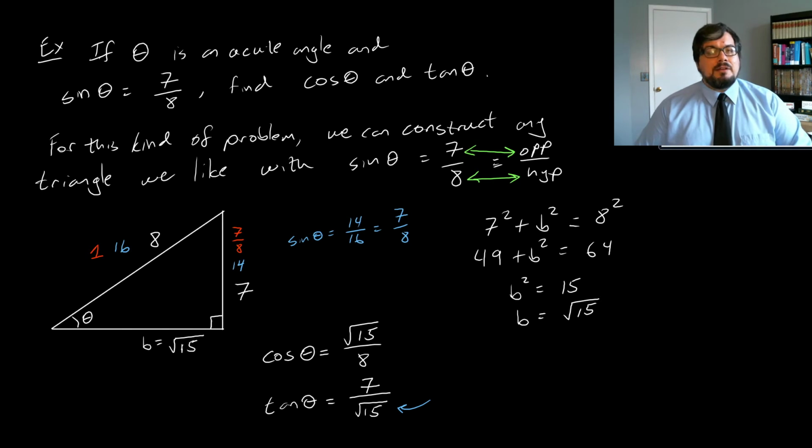However, this is fairly old-fashioned and there's not any good reason to do it anymore, nearly ever. So we're not going to worry about this. Square roots in denominators are perfectly fine, unless we're trying to do something very specific, in which case we'll adjust. But nearly always leaving your denominator as square root of something is just fine.